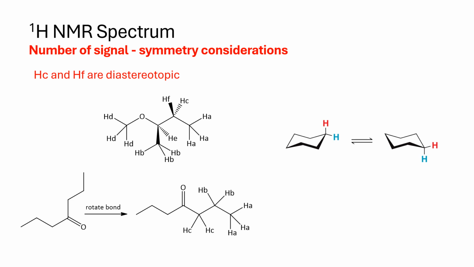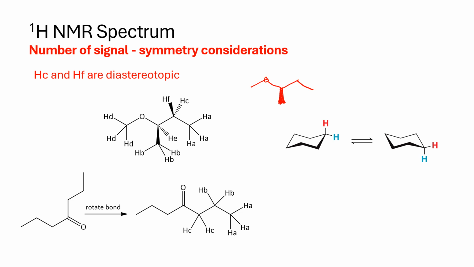Okay. Now, more examples about homotopic and counting signals. So in the molecule here above, I'm going to draw that without the H's. So this without the H's will be this, like that, much simpler. So that is a methyl. So these are the three.